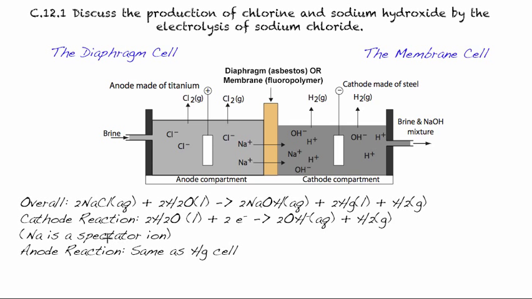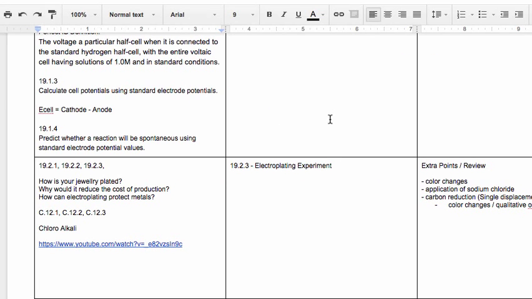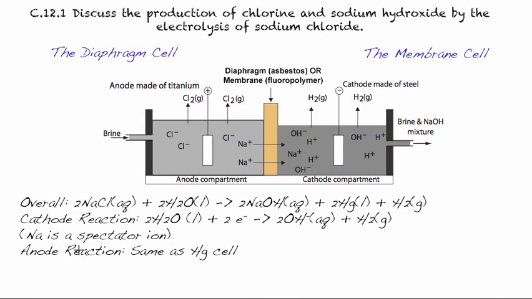And then the anode reaction is the same as our mercury cell. What will happen there is our chloride ions will be attracted to our positive anode, so they will lose their electrons and as a result form chlorine gas.